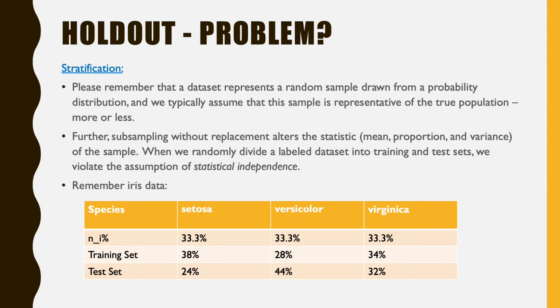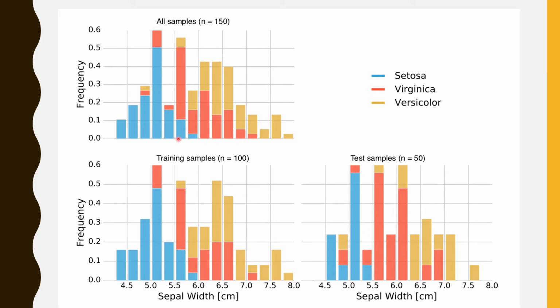Let's try to get the idea with a graphic. The first one shows the frequencies of the variable sample width for all samples, and the sample size is 150. You see Setosa in blue, Virginica in orange, and Versicolor in yellow, I guess. We have our true population like that.